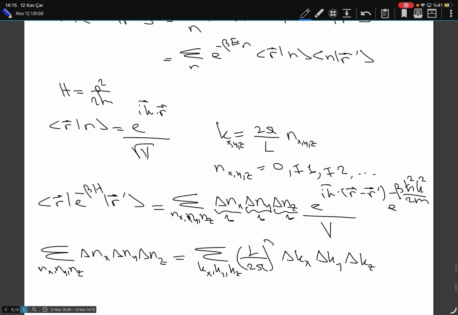Now, delta n's were 1, but I'm in the thermodynamic limit. L is huge. So as I go from one k_x value to the next, or one k_y value to the next, the change in k_x and k_y will be suppressed by 1 over L, which will be negligible. So basically now I have a sum of many contributions of infinitesimal quantities, but that is nothing but what we call the Riemann integral. So now it became an integral.